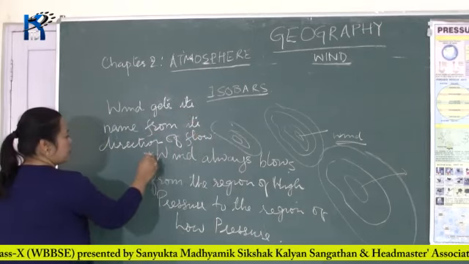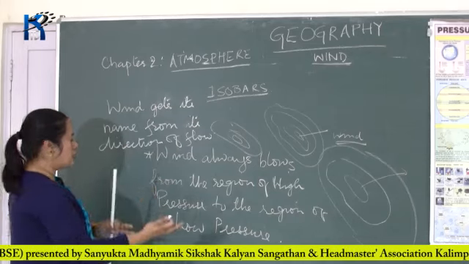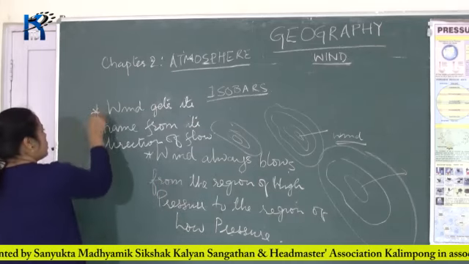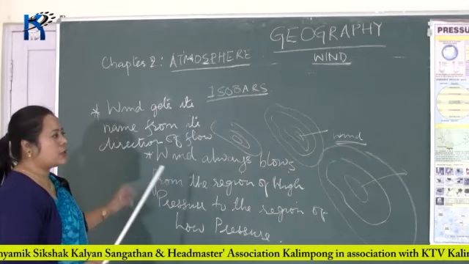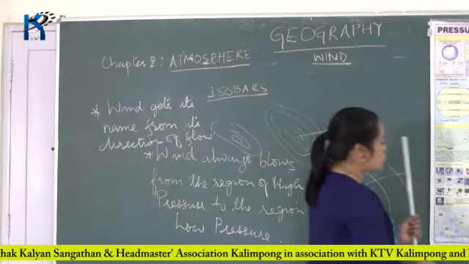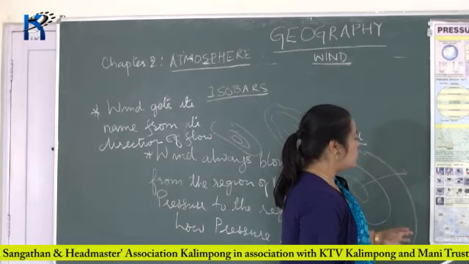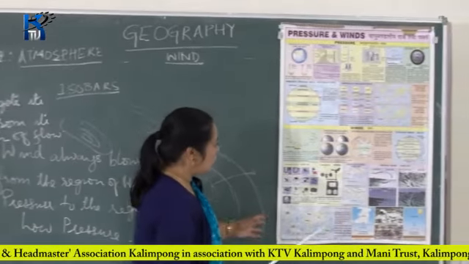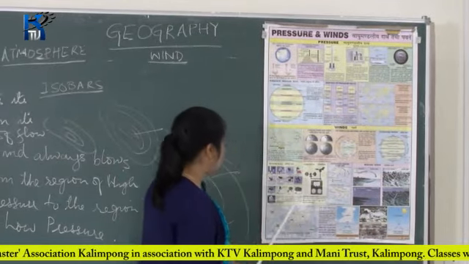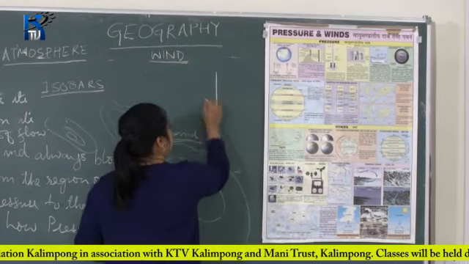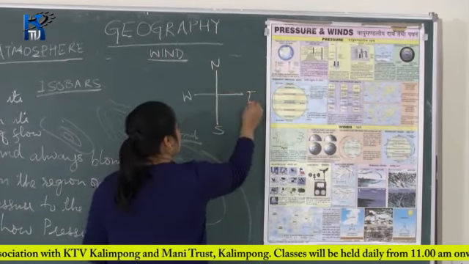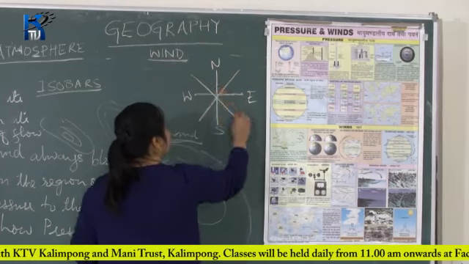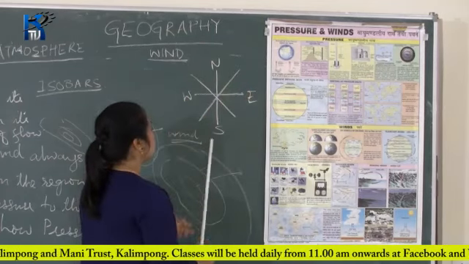The four cardinal directions are north, south, east, west.